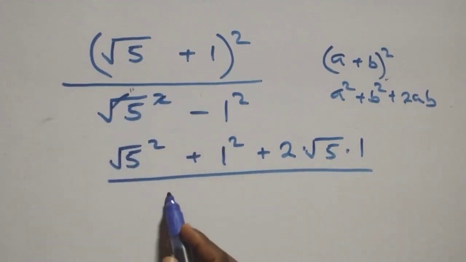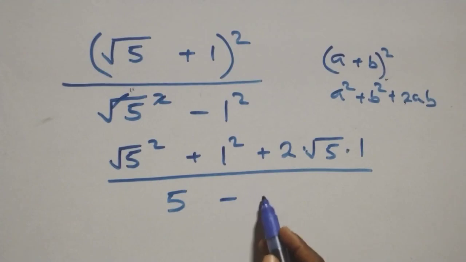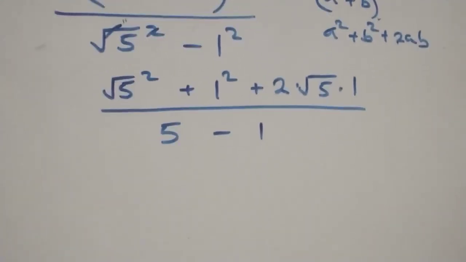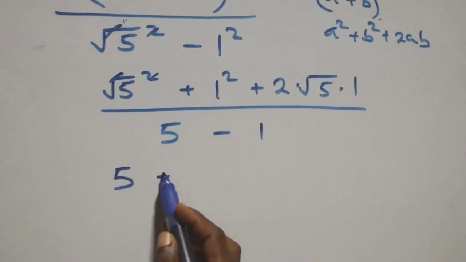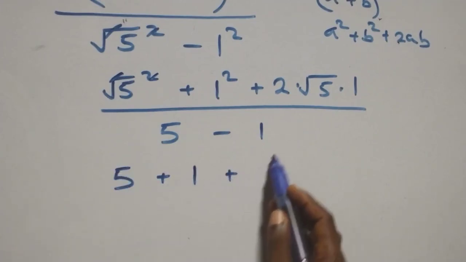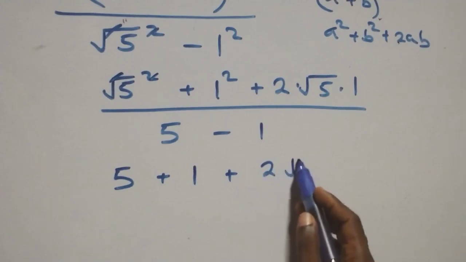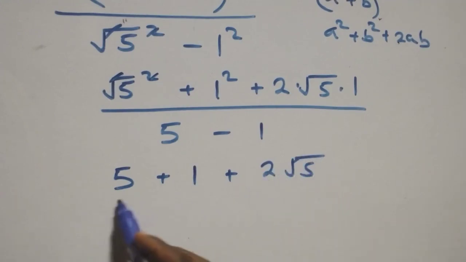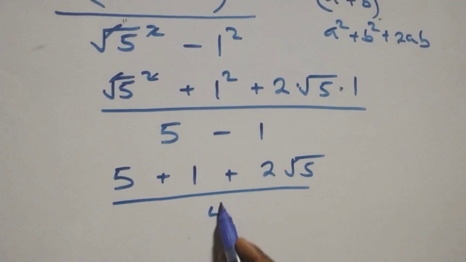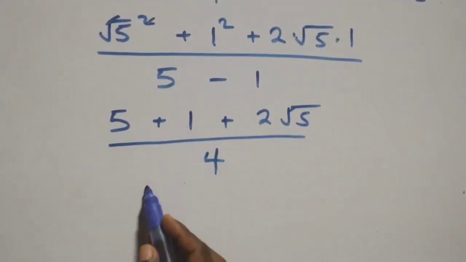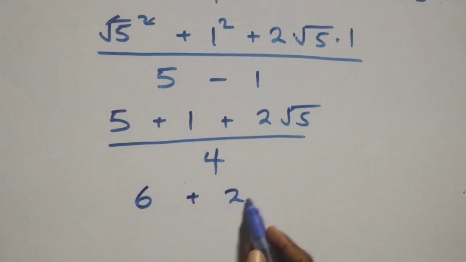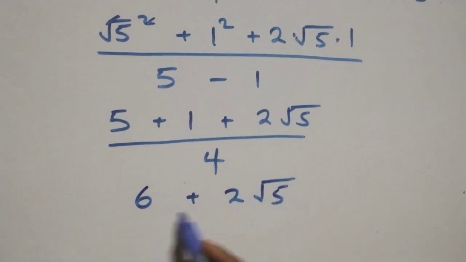Square cancel square root here, we have 5, then minus 1 square, that's 1. That is, here also square cancel square root, that's 5 plus 1 square 1, then plus, here the same thing as 2 times root 5, then over 5 minus 1, which is 4, which implies 5 plus 1 here, we have 6, then plus 2 root 5 over 4.